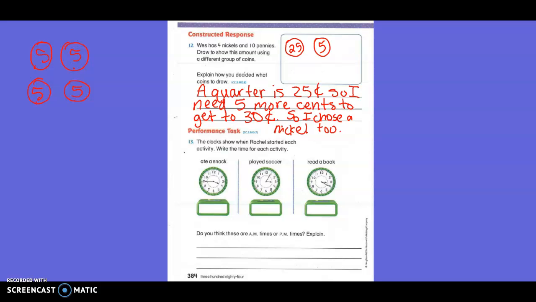What is the hour for the first clock? What's the hour, Ivan? It's between 3 and 4, so it is 3. What are the minutes on that first clock? If it's pointing to the 9, what are those minutes? Matthias? 45.